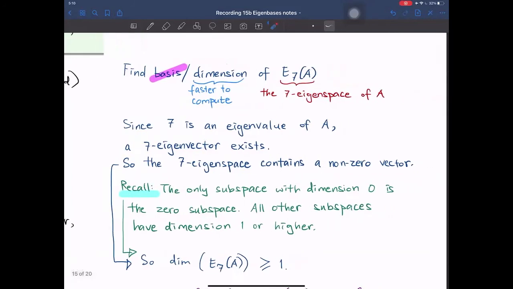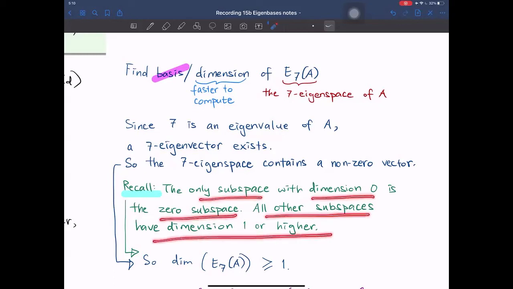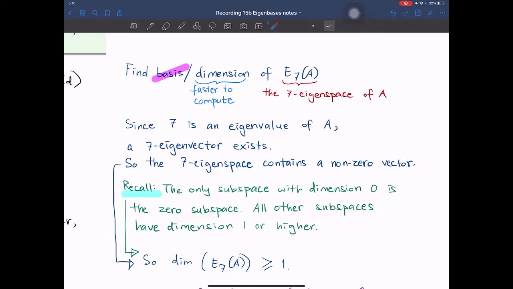So this space contains a non-zero vector. But from an earlier lecture, we learned that the only subspace with dimension 0 is the 0 subspace. All other subspaces have dimension 1 or higher. This tells us that this subspace, because it has a non-zero vector, must have dimension 1 or higher.